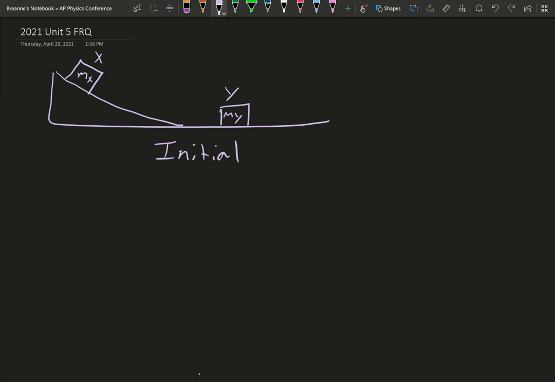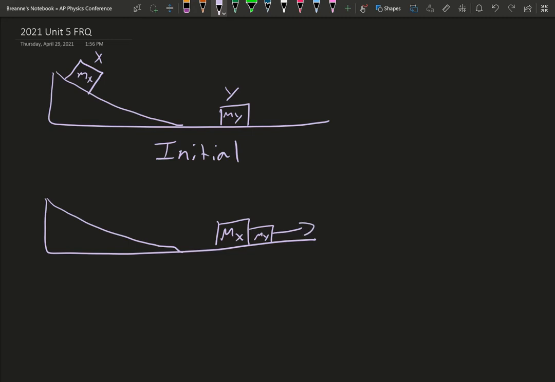Then it goes to figure 2, a similar setup, but in this case, block X and block Y, again, MX and MY moving in this direction. It's a 2-block system, and this is after the collision. So this is before, this is after.